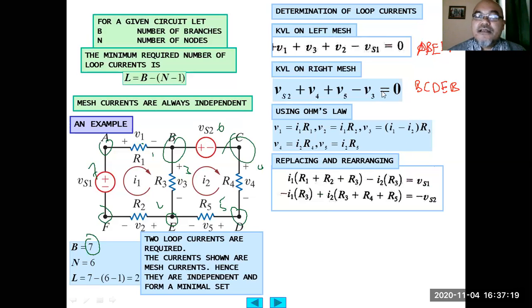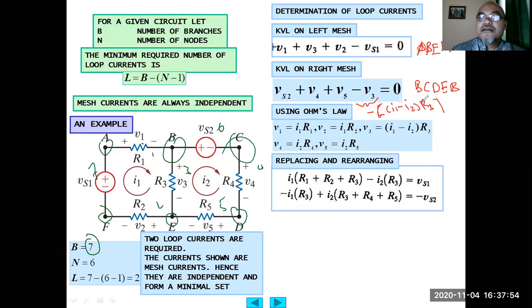Then in the second equation, Vs2 moves to the right hand side of the equation and becomes negative Vs2, and the left hand side you group according to I1 and I2. So this becomes negative I1, because negative V3 is negative (I1 minus I2) R3.